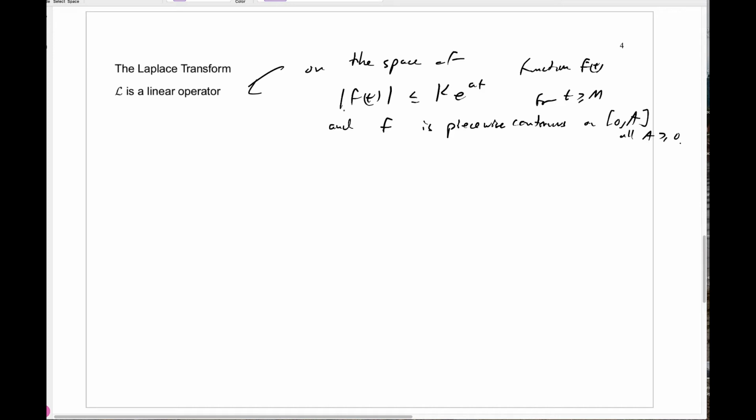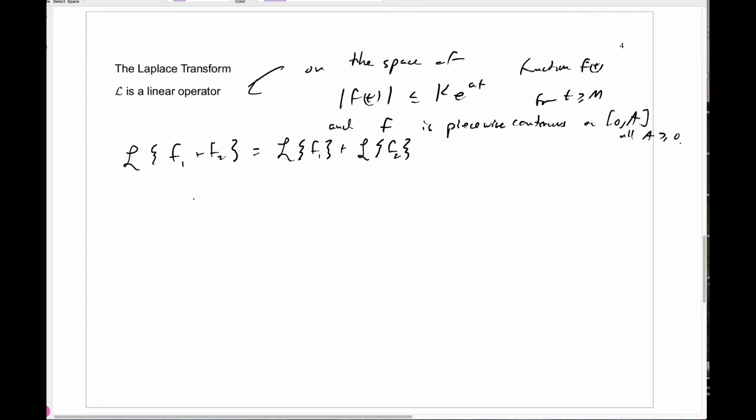So if you look at the space that consists of all functions of this form, L is a linear operator on that space. And what does that mean? That means when you take the Laplace transform of f1 plus f2, that should give you the same thing as the Laplace transform of f1 plus the Laplace transform of f2.